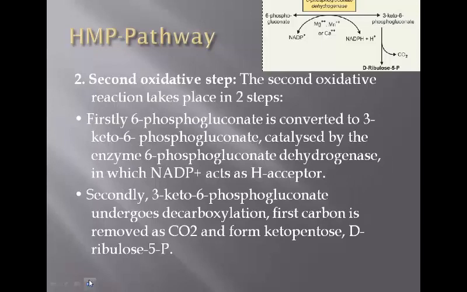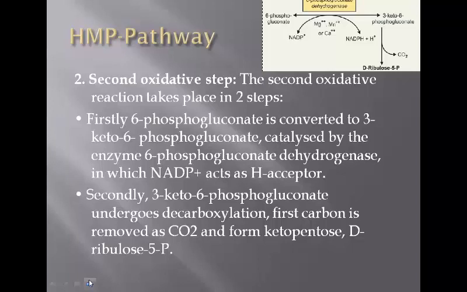The other step of the oxidative stage of the HMP pathway is the formation of pentoses, and this occurs in 2 steps. First, 6-phosphogluconate is converted to 3-keto 6-phosphogluconate, and it requires the enzyme 6-phosphogluconate dehydrogenase.